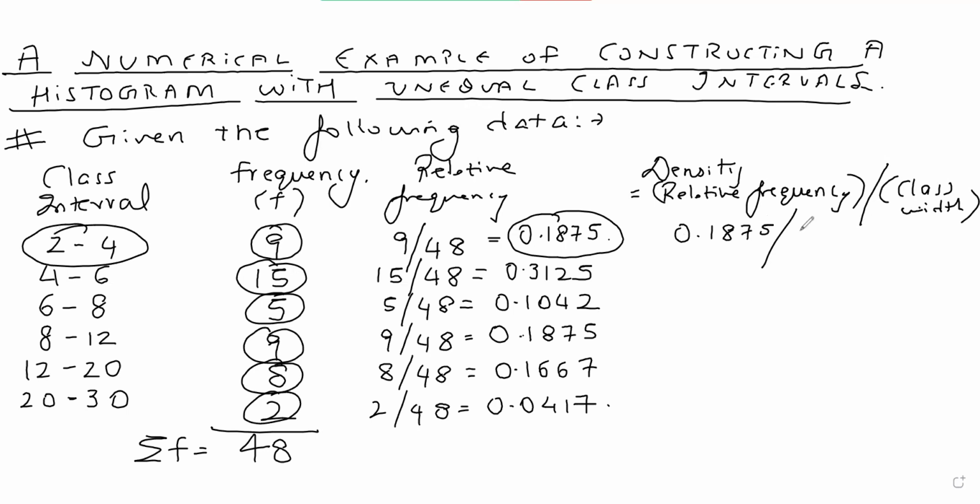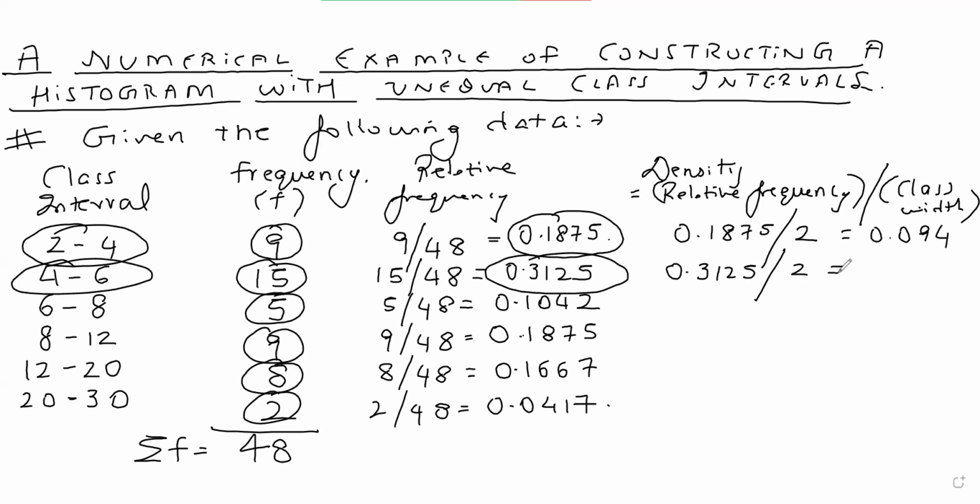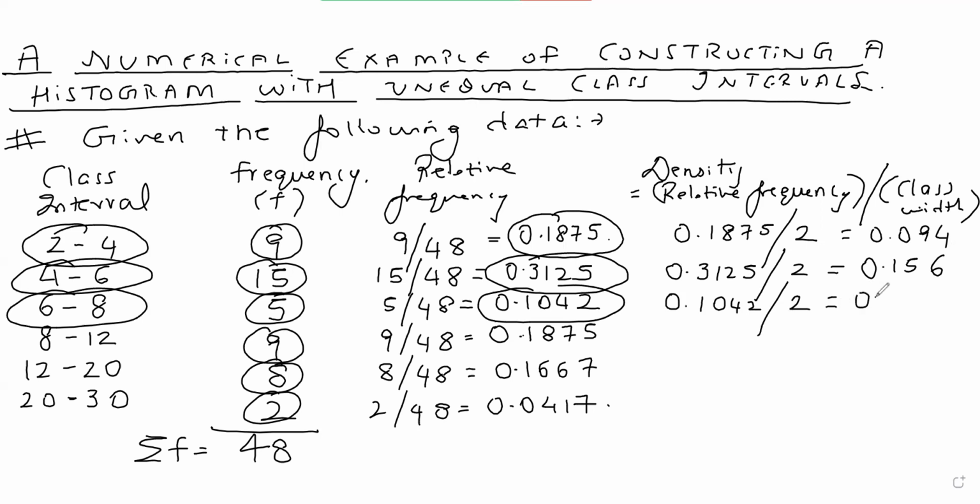For 2 to 4, 4 minus 2, which is 2. It comes out as 0.094. Similarly, for the second class, 0.3125 divided by the class width, 6 minus 4, 2, comes out as 0.156. Similarly, 0.1042 divided by 8 minus 6, which is again 2, comes out as 0.052.